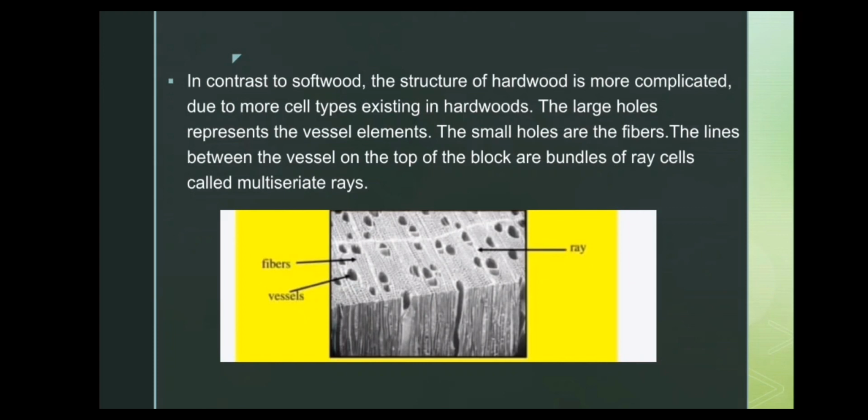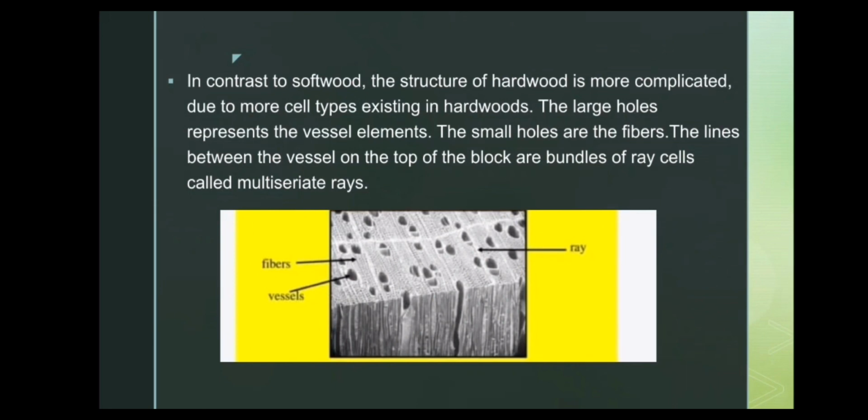In contrast to softwood, the structure of hardwood is more complicated due to more cell types existing in hardwoods. The large holes represent the vessel elements. The small holes are the fibers. The lines between the vessels on the top of the block are bundles of ray cells called multiseriate rays.